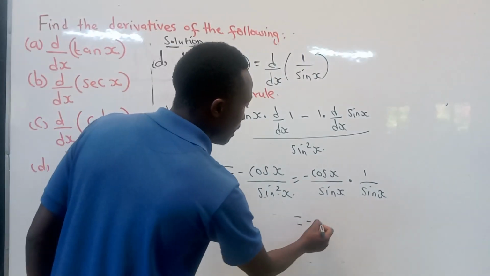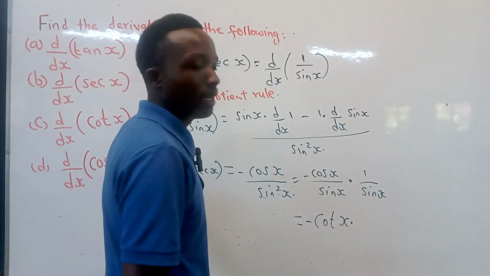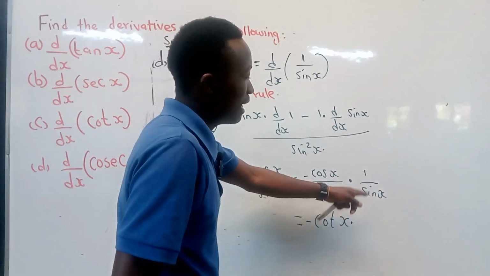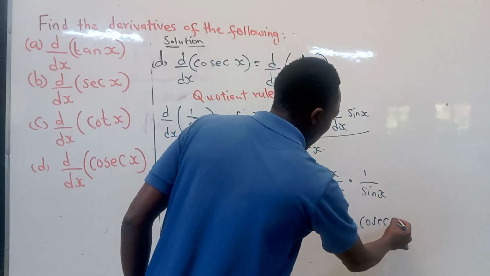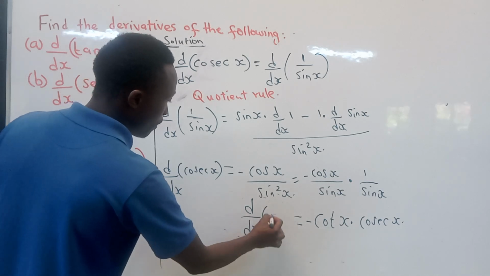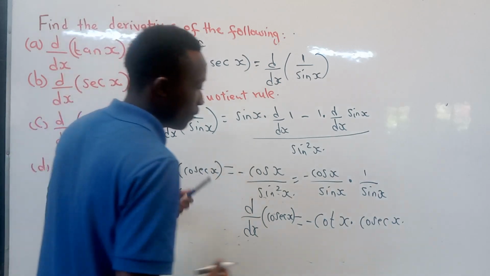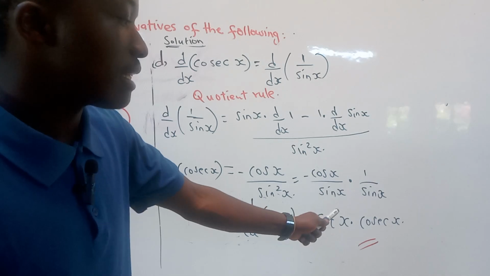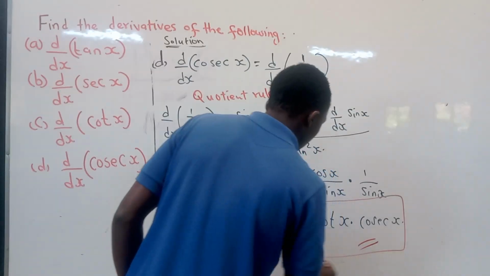So that is the same as negative cot x multiplied by the reciprocal of sine x, which is the same as cosec x. Therefore, the derivative d over dx of cosec x is equal to negative cot x cosec x. That marks the answer.